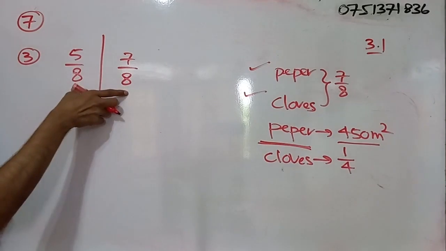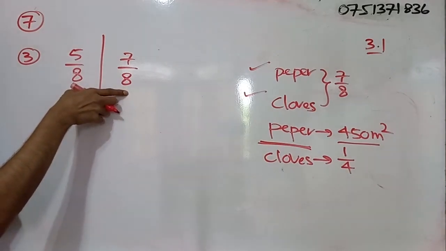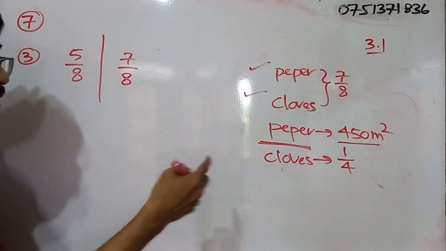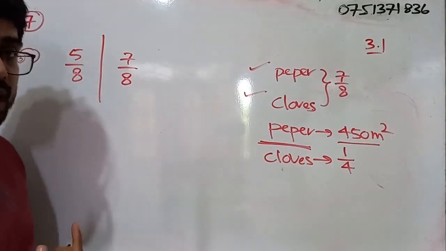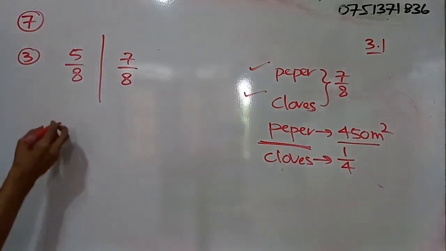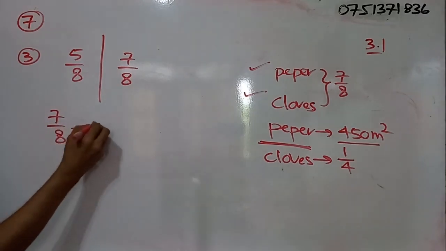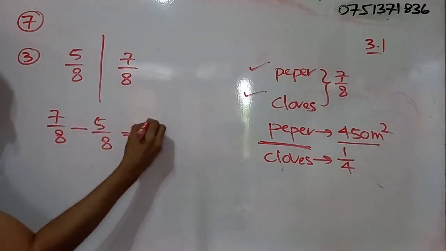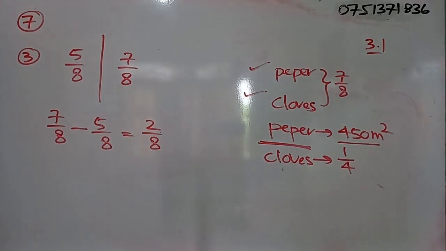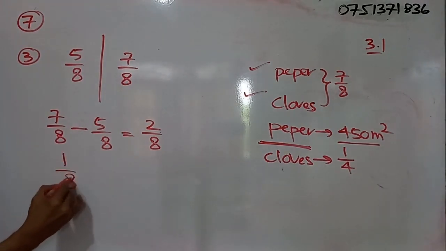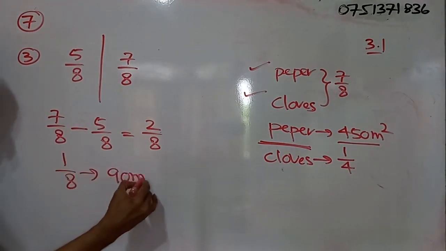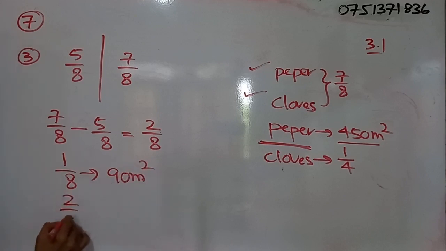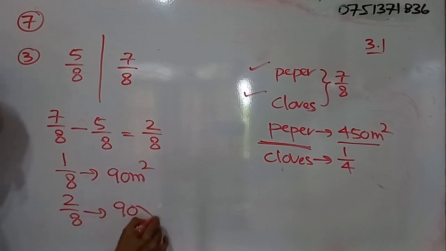Then by subtracting these two, we can get the amount of land where only the cloves has been cultivated. So that is what? 7/8, we have to subtract 5/8. So we get what? 2/8. So we know 1/8 is equal to what? 90 square meters. So 2/8 means what? 90 into 2.